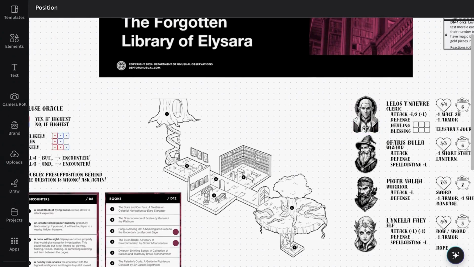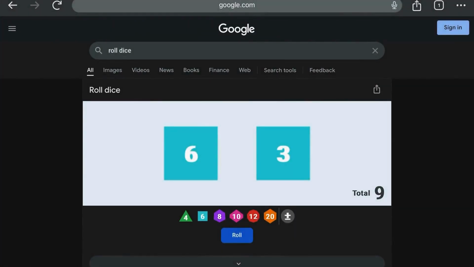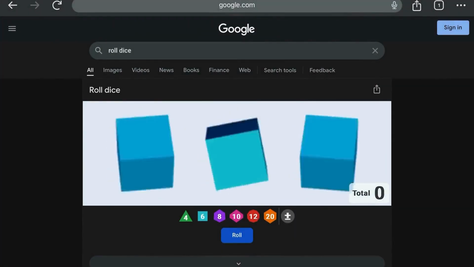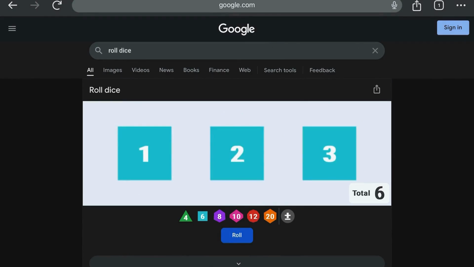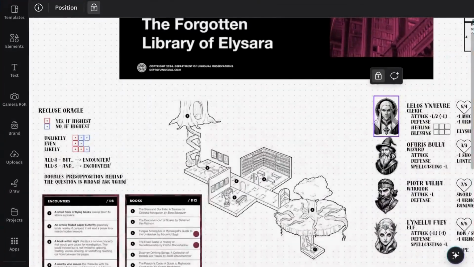Okay, he's not a wizard, but he has divine power and he's an elf, so I say it is likely. And 2 yes and 1 no dice. Okay, it is not just a no, but something else happens. Let's roll for an encounter. 6, a new result.